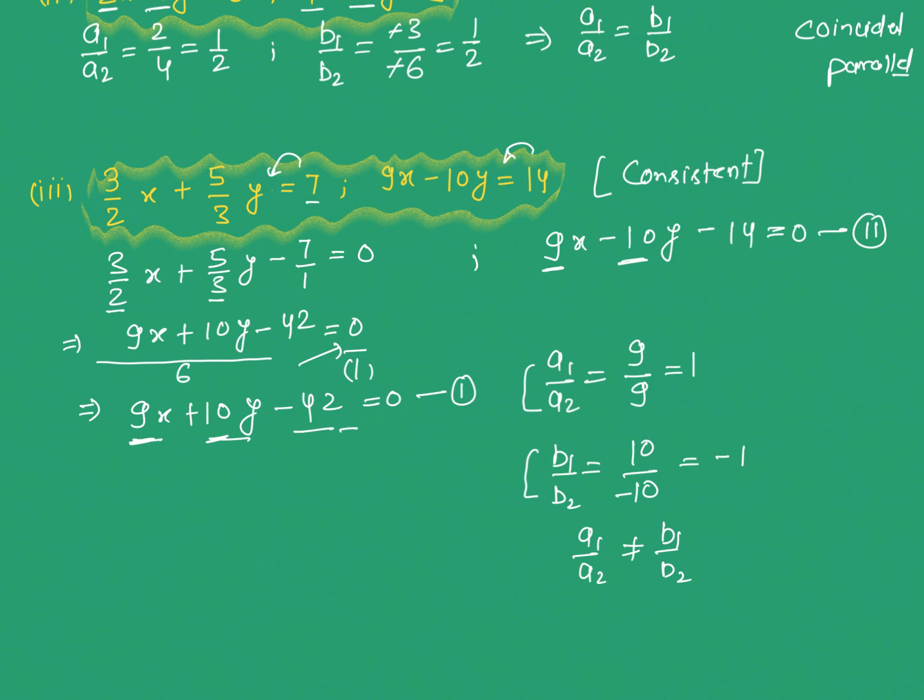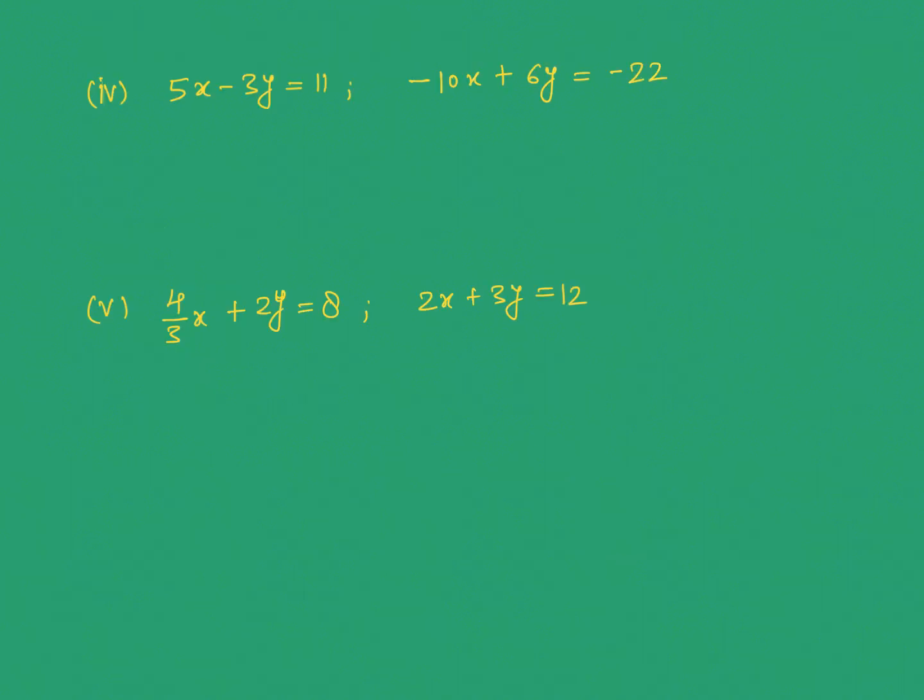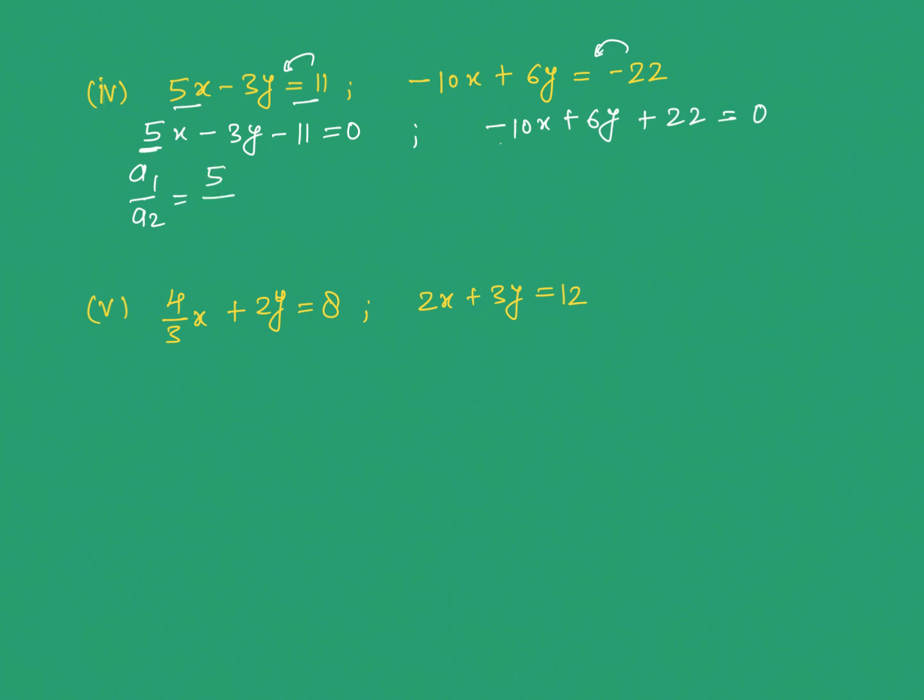Okay, now let's look at the fourth. In the fourth question, you can see these two equations are given. So we'll just simplify these. We'll take 11 on the left side, minus 11 equals 0. And this is minus 10x plus 6y. And when this minus 22 goes to the left side, it will become plus 22 equals 0. Now, if we say a1 upon a2, a1 is 5 and a2 is minus 10, right?